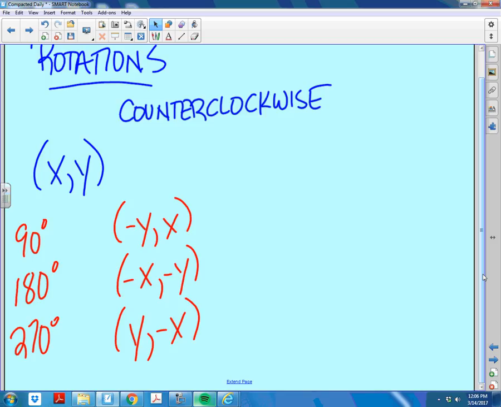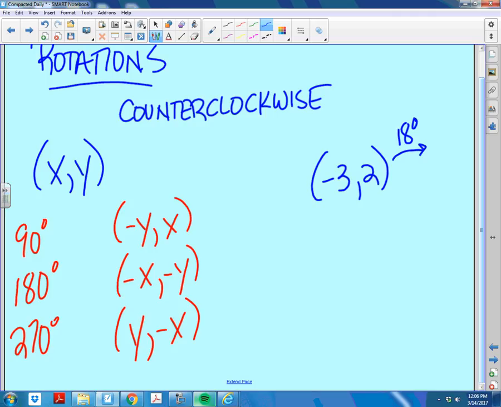So if I'm rotating the point -3, 2, 180 degrees, what does it go to? 3, -2. Both of them simply stay in position but change to their opposite values. That's the negative x, negative y.